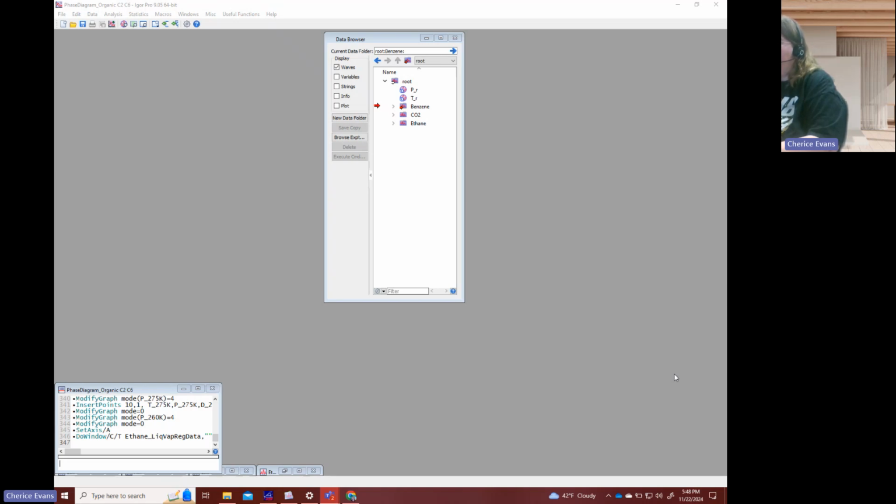So in places of really rapid change, i.e. in places where the derivative, the slope, is changing, I'm going to need more points than in places where the slope or the derivative is non-changing. So you're going to see me do that.